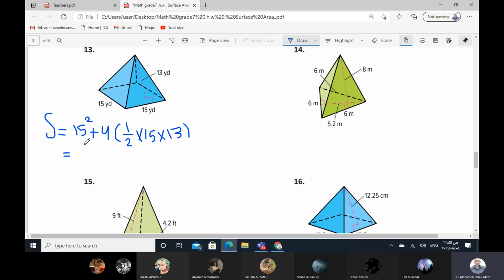So 15 squared means 15 times 15, which will be 225, plus 4 times a half will be 2. 2 times 15 will be 30. 30 times 13 will be 390.